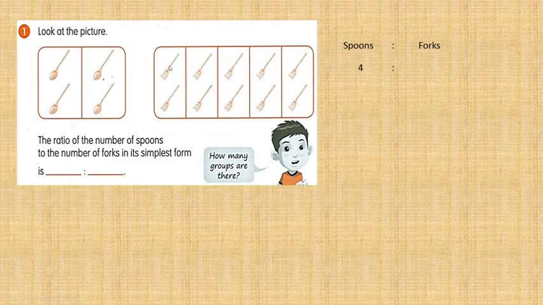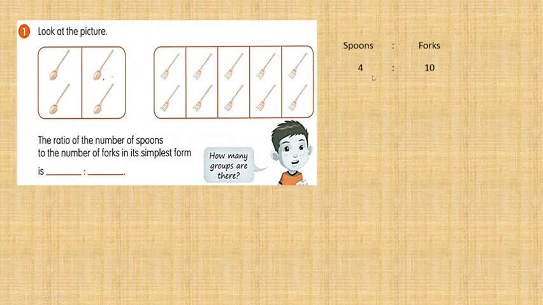After that, count the forks that we have here, to write it down under the forks column. So let's count them. 1, 2, 3, 4, 5, 6, 7, 8, 9, 10. So it's 10 forks. And he needs me to write down the ratio in the simplest form. So I have to think of a common factor between 4 and 10.